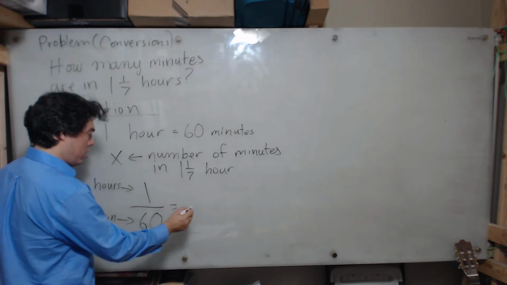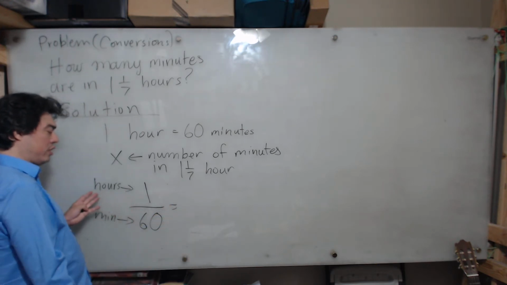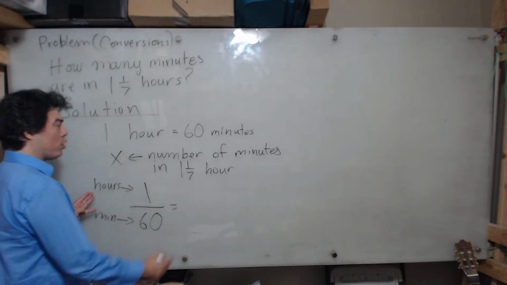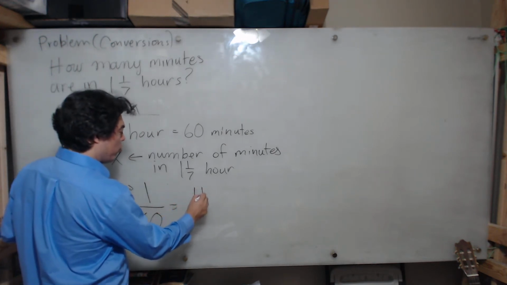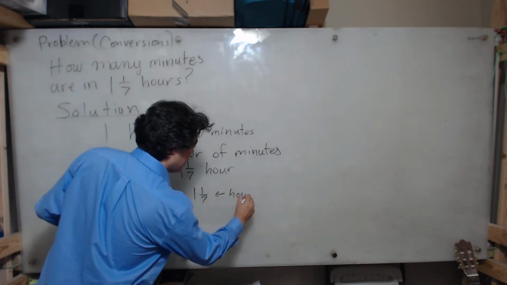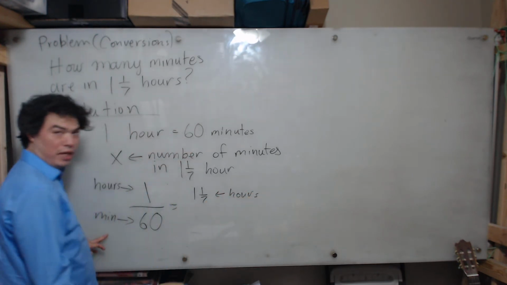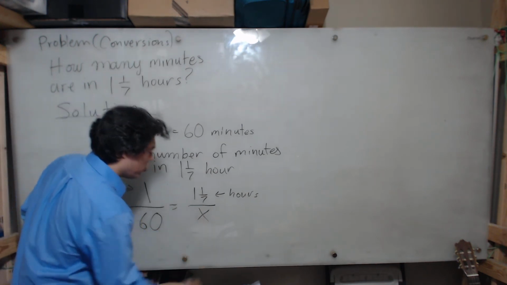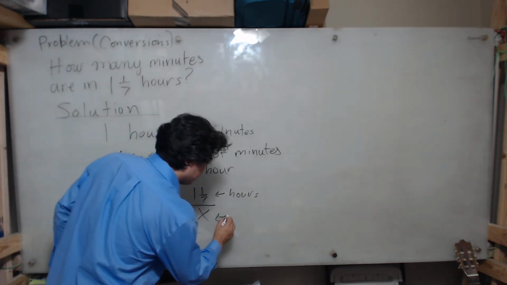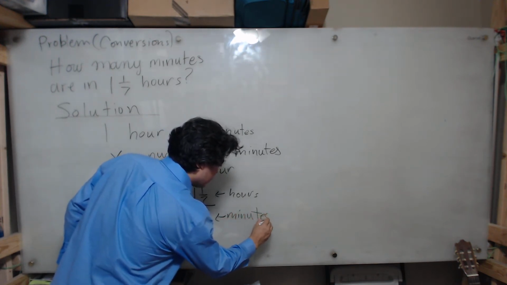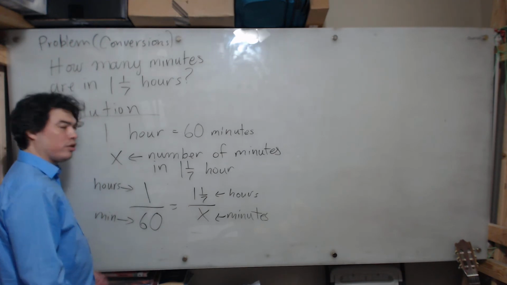And then, since we put hours on top on the left, we're going to put hours on top on the right as well. So 1 and 1/7 will be our hours. And since we put minutes on the bottom on the left, we're going to put minutes on the bottom on the right. So our x is our minutes. Okay. So this is our proportion.